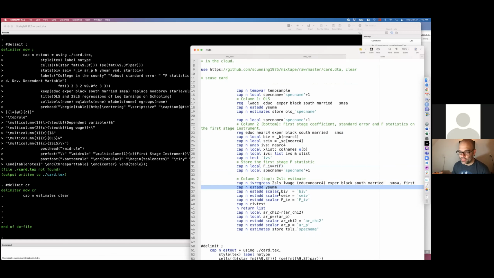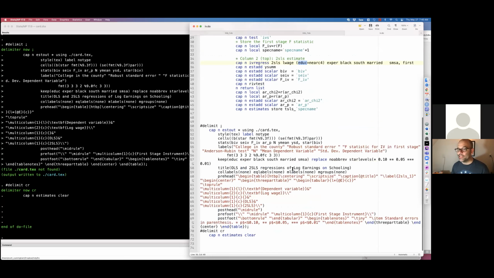I save all this stuff. I save my beta term, my standard error. So that's the beta on this, and standard error on that. And I pull out a bunch of other stuff. I get the Anderson-Rubin test for weak instruments, and then it just creates it all in LaTeX because I use everything in LaTeX. Well, let's go over to LaTeX now.